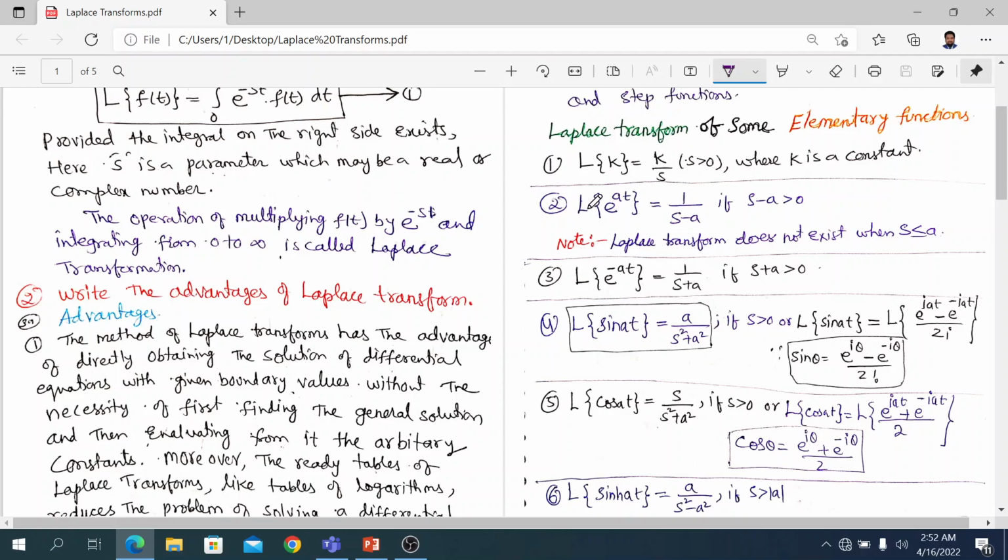Next, Laplace of e power of at is equal to 1 by s minus a if s minus a is greater than 0. Here note, Laplace transform does not exist when s is less than or equal to a. Next, Laplace of e power of minus at is equal to 1 by s plus a if s plus a is greater than 0.